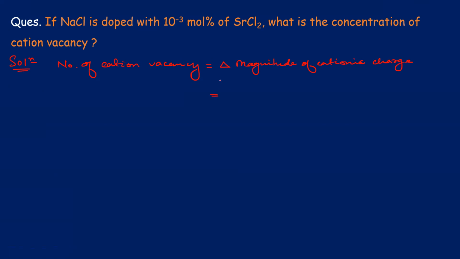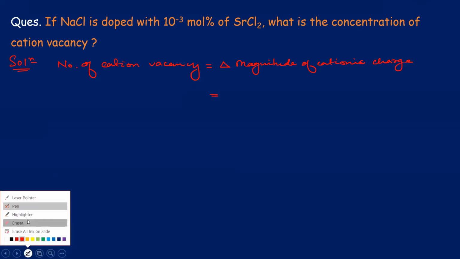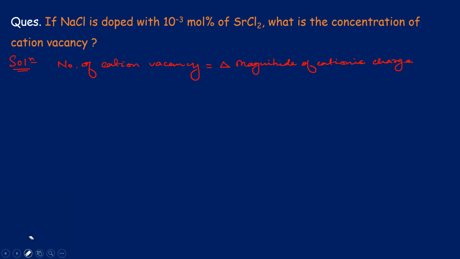So the charge on Na positive minus the charge on Sr2 positive, its magnitude, that means I will just take the mod here. We have +1 and here we have +2. The difference is 1. So the number of cation vacancy for each SrCl2: if I add 1 SrCl2, then I will be getting 1 cation vacancy.